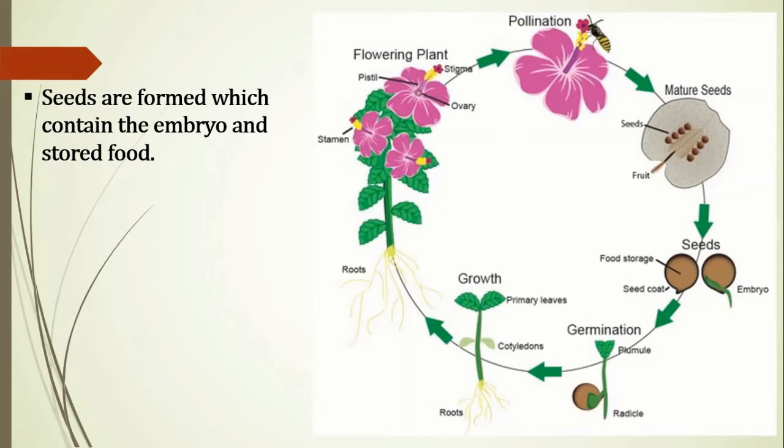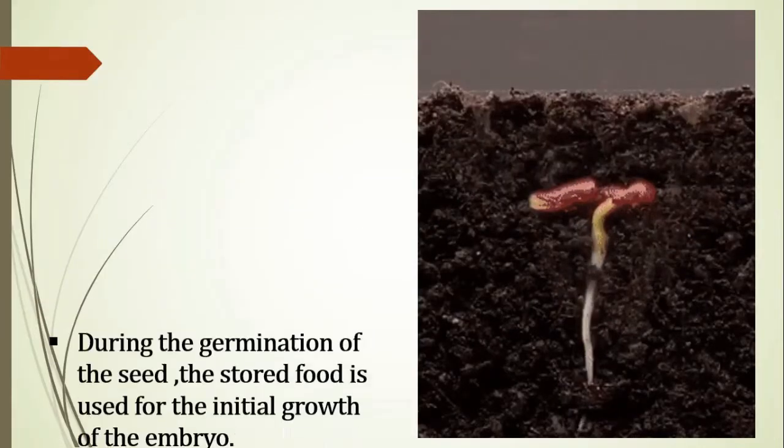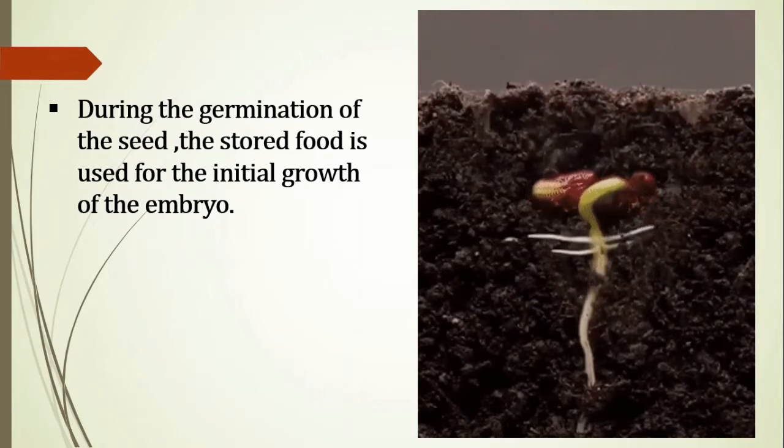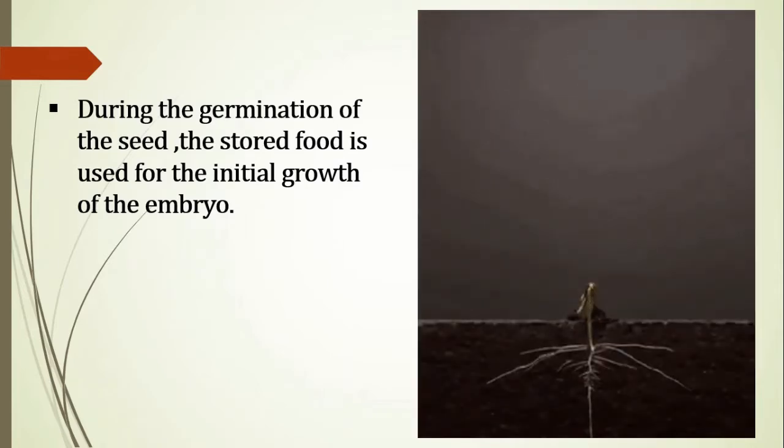Embryo is an early stage of development of a multicellular organism. During the germination of the seed, the stored food is used for the initial growth of the embryo.